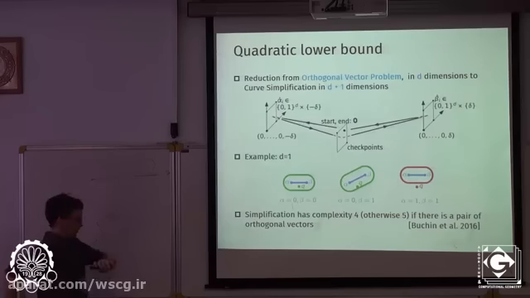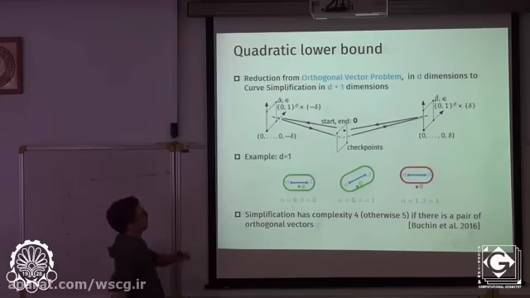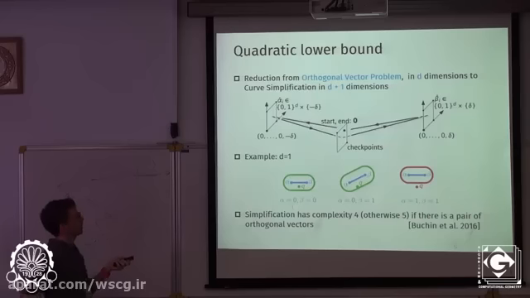Now, let me just very quickly show you why there's a quadratic lower bound. This is again the orthogonal vector problem as we had the last time. What we now do is we simply have one set of orthogonal vectors placed somewhere on a unit cube here, and then we use one extra dimension to place the other set of orthogonal vectors in a unit cube here.